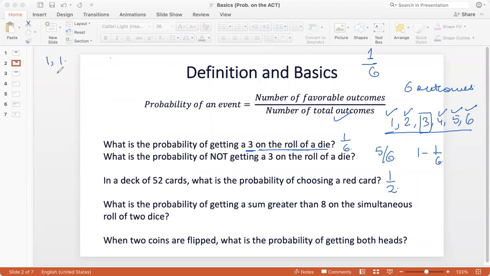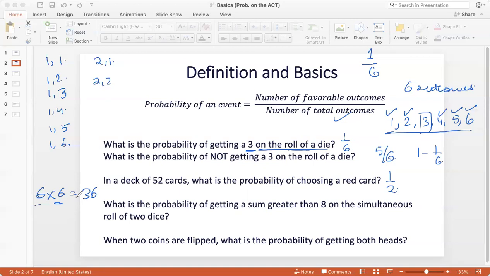We could get a 1 and 1, a 1 and 2, a 1 and 3, a 1 and 4, a 1 and 5, and a 1 and 6. And then similarly, 2 and 1, 2 and 2, and this goes on. So the total number of outcomes would be 6 multiplied by 6, which is 36, because there are 6 possibilities on the first die and 6 on the second die.